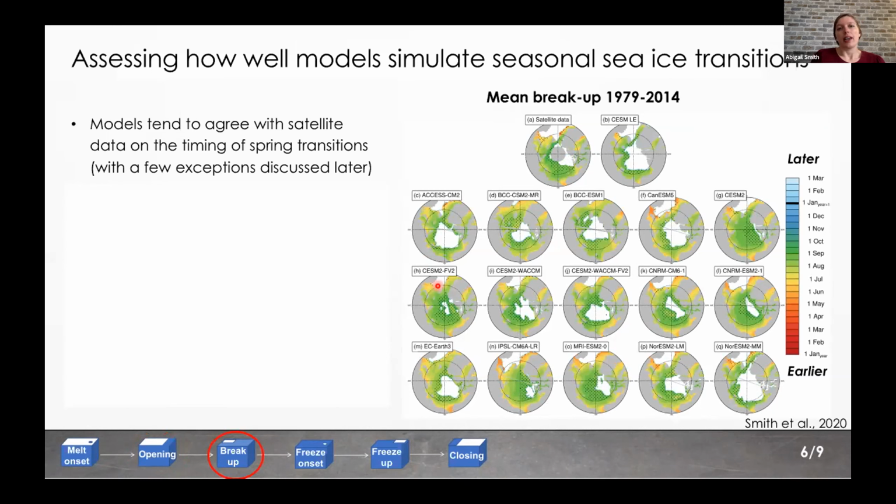And so you can see from this figure that there is substantial disagreement between the models on where that threshold is consistently crossed each year. And so when we compare between the models and the observations, we have to look at where they both tend to have breakup dates. And if we do that, then they agree well between the satellite data and the models.